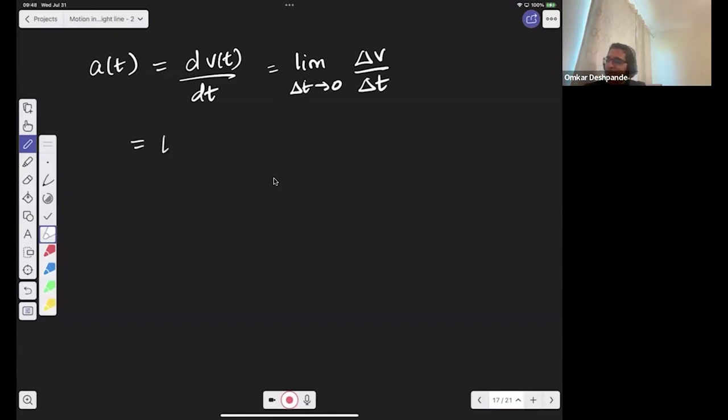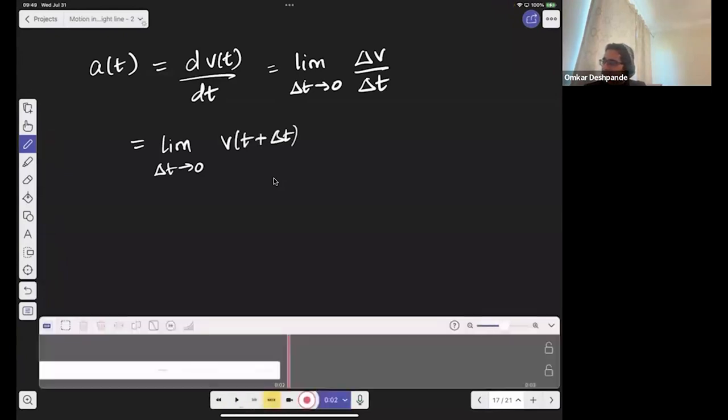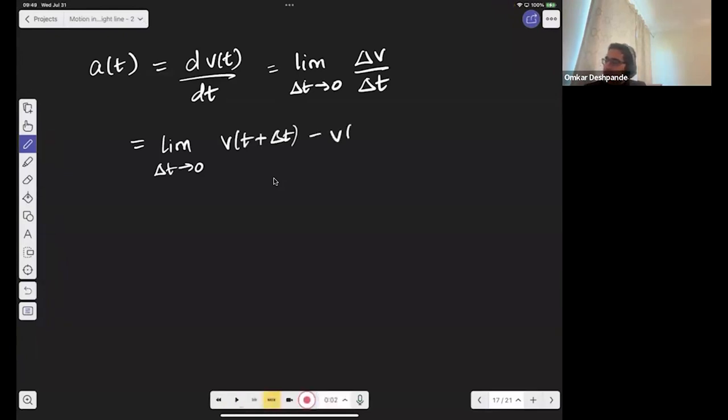So how do we find delta v versus delta t? Well, you find v of t plus delta t and subtract v of t from it, and you divide by delta t here. This is the quantity that we call acceleration.